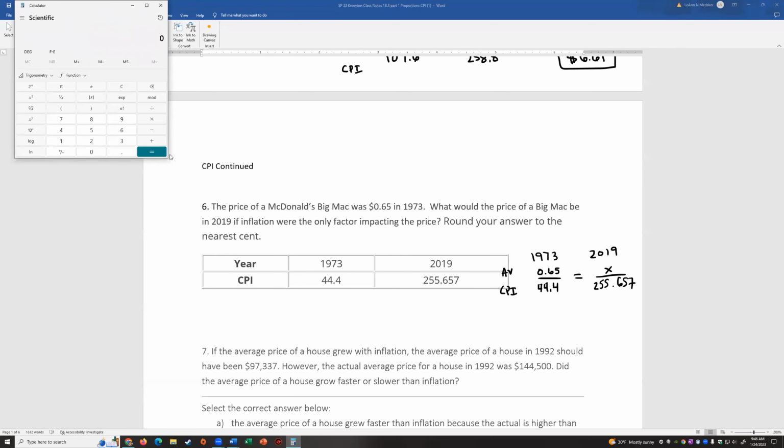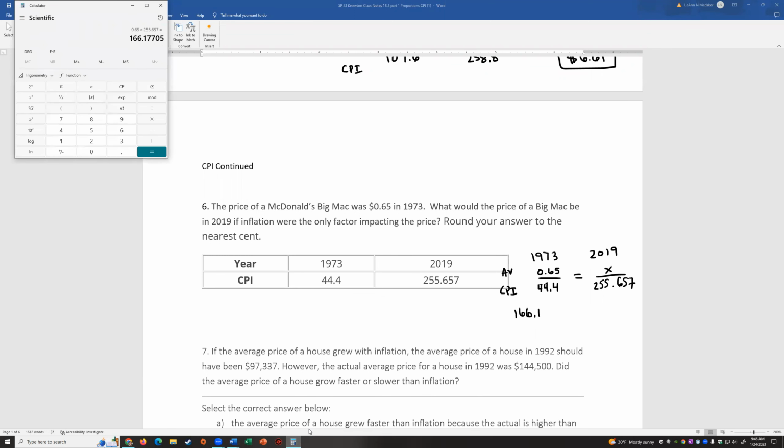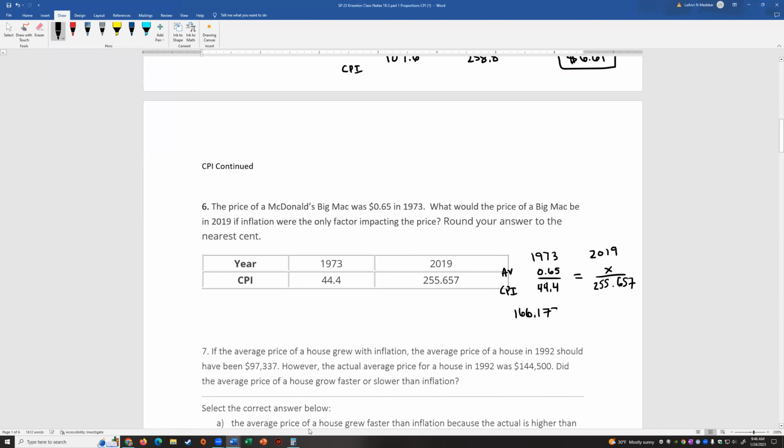So if we cross multiply, we'll be getting 0.65 times 255.657. And that is 166.17705 equal to 44.4x.